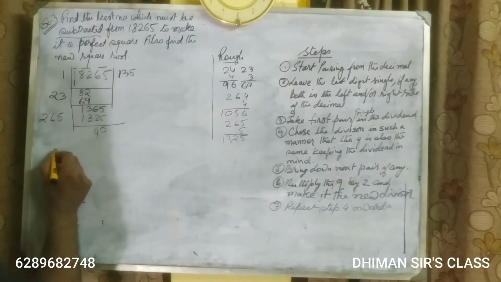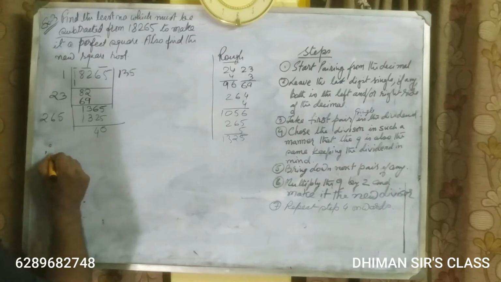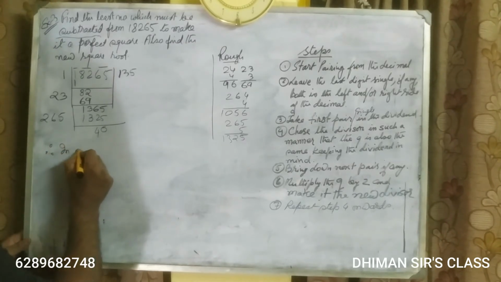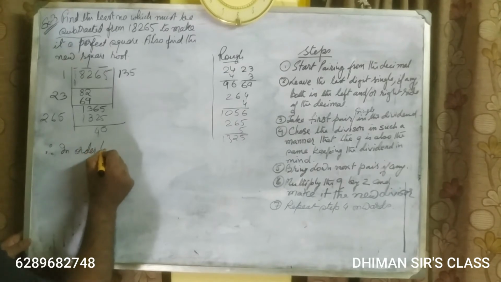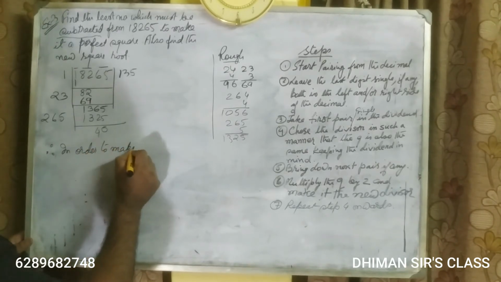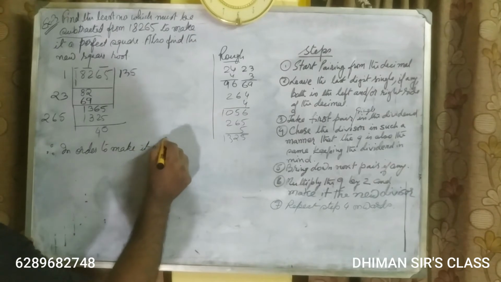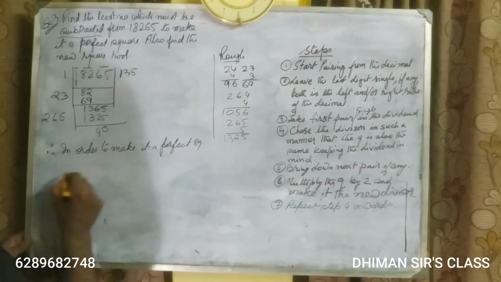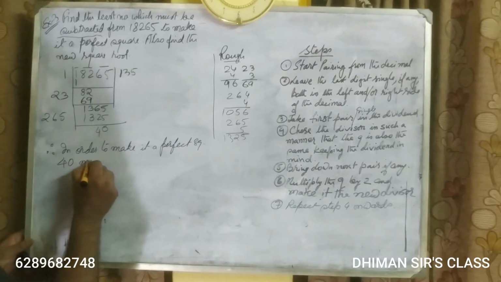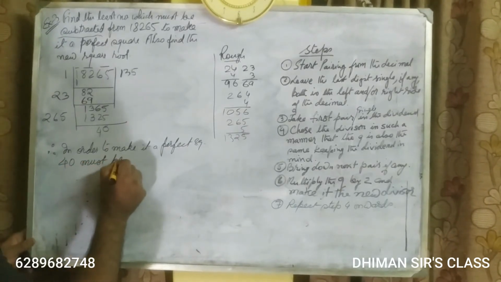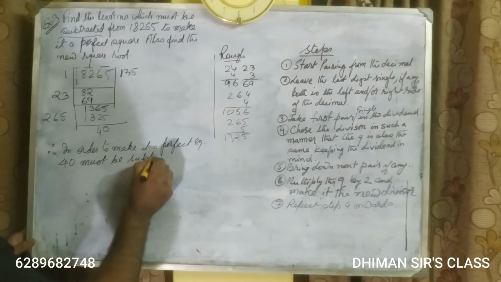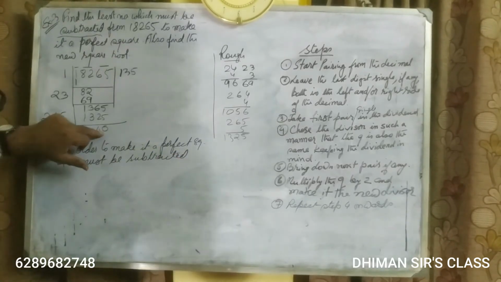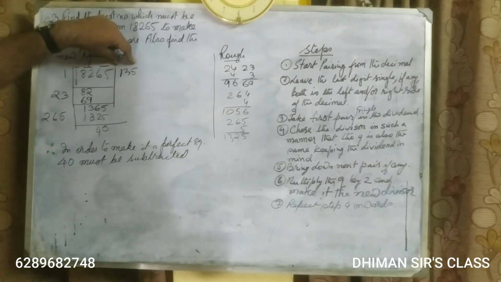Therefore, in order to make it a perfect square, 40 must be subtracted. And if 40 is subtracted, 135 is going to be the new root.